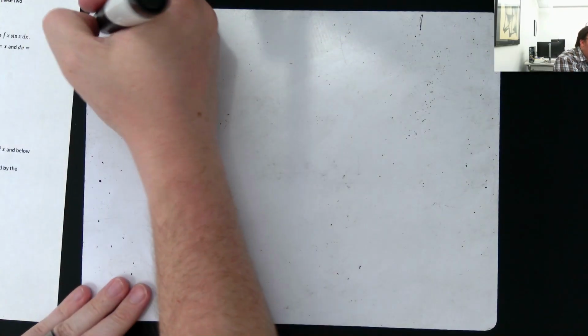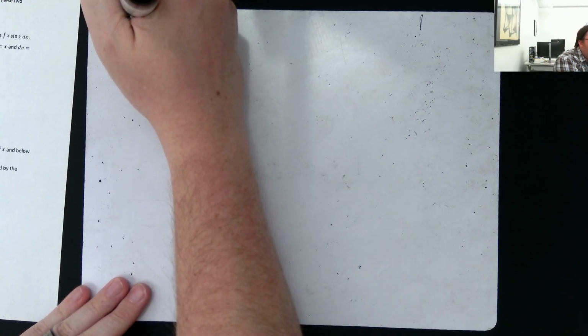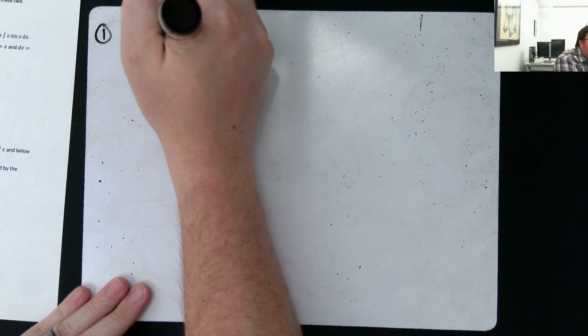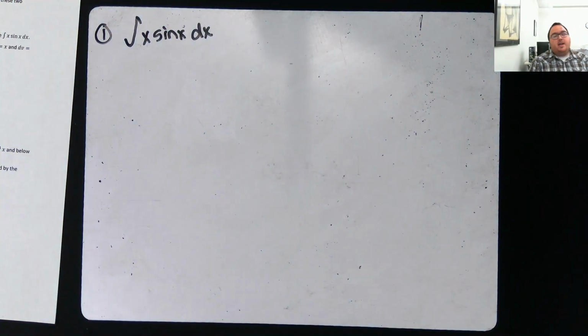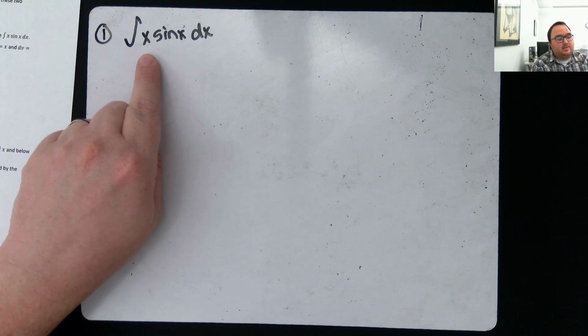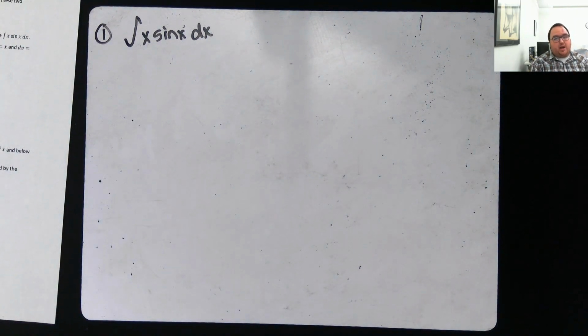Number one, integral of x sine of x dx. Now, how I know I want to use this is because there's a product. X times sine of x. That's a product, right? So I'm going to use this, which I said is the reverse product rule.